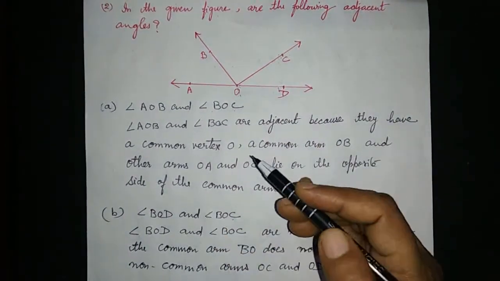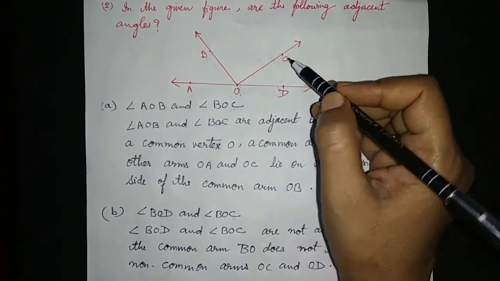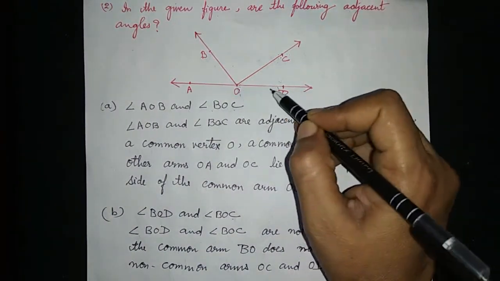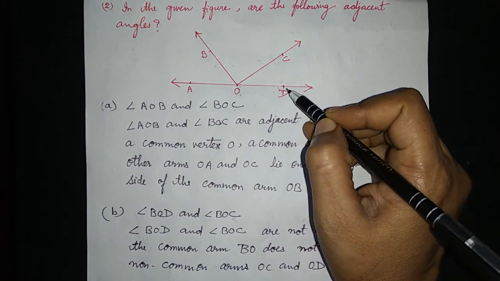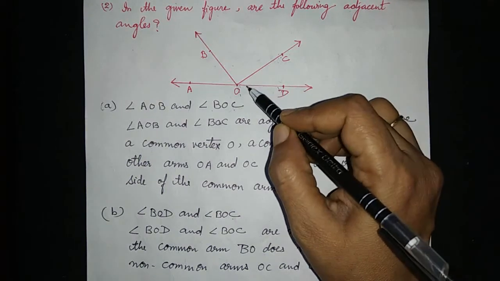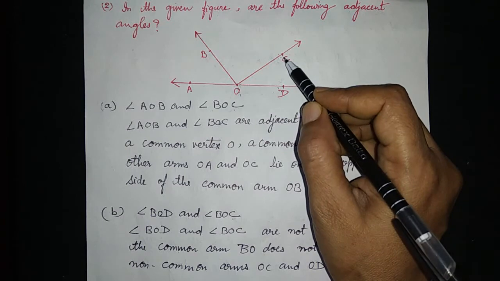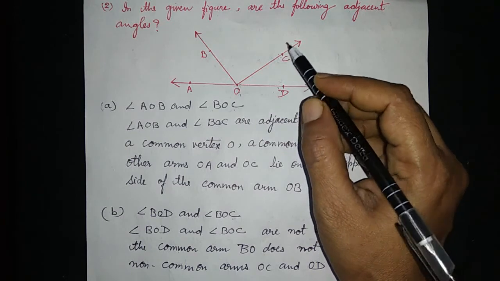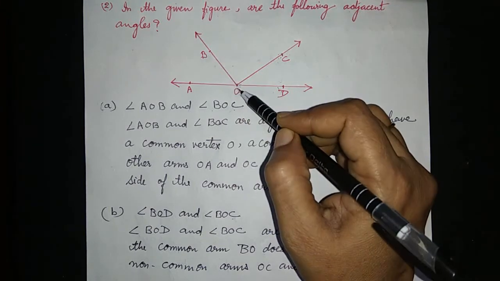So OB is a common arm and OC and OD are non-common arms, but OD and OC, these two non-common arms are not on either side of this common arm.